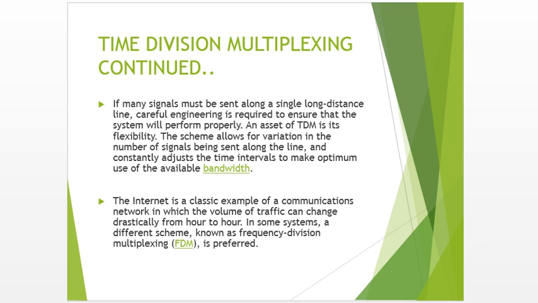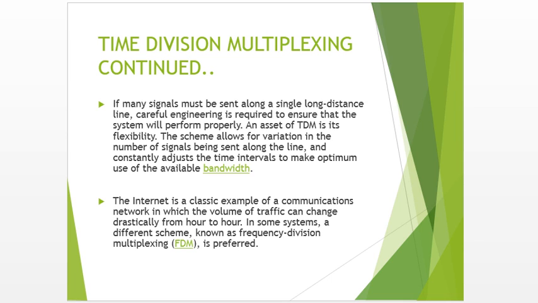Time division multiplex continued. If many signals must be sent along a single long distance line, careful engineering is required to ensure that the system will perform properly. An asset of TDM is its flexibility.